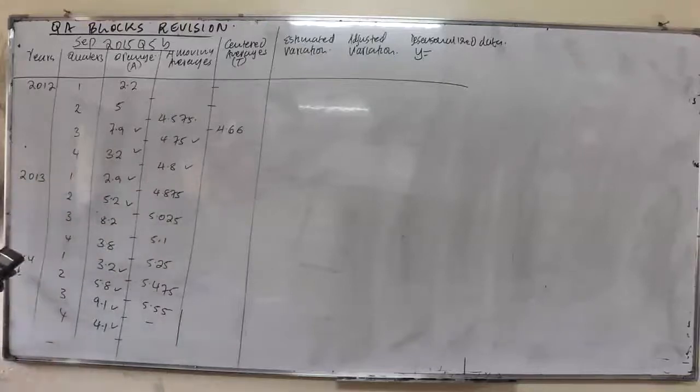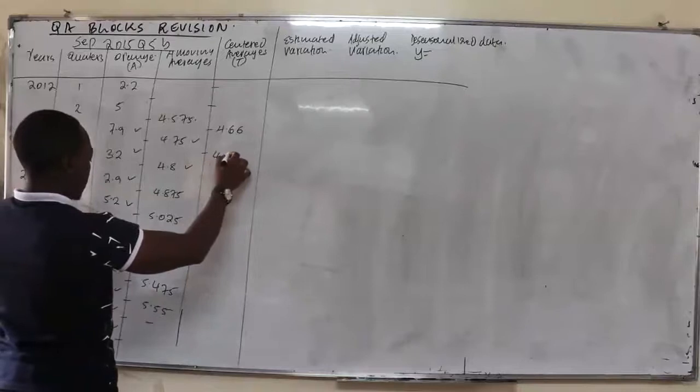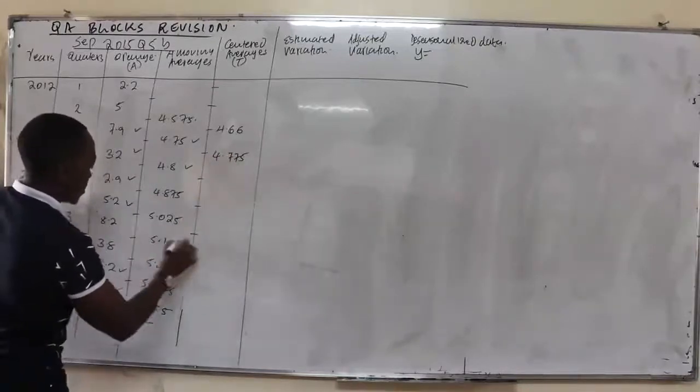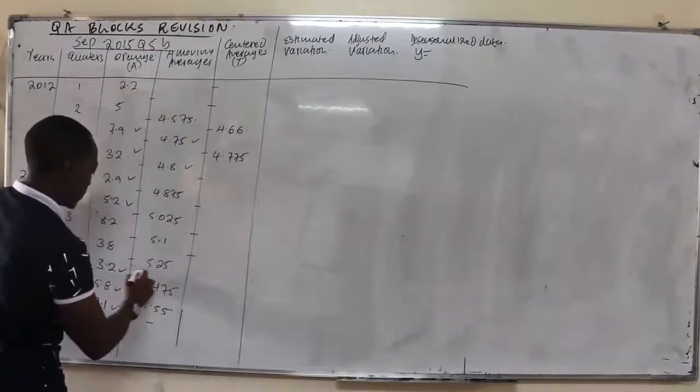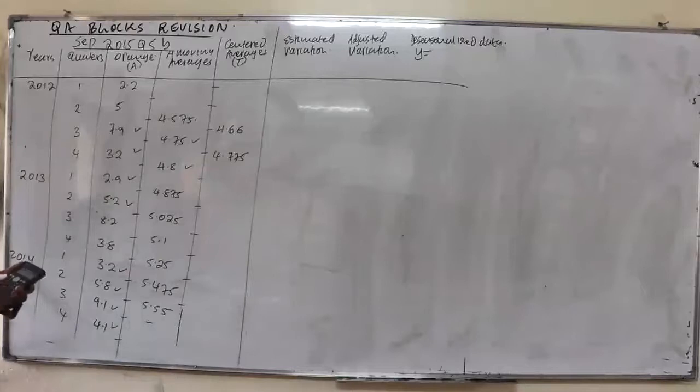So it's 4.75. You have 4.775. Then you take 4.8, you add 4.875.